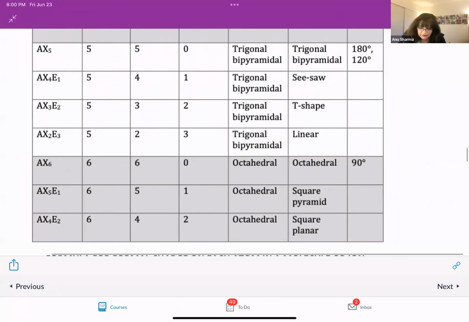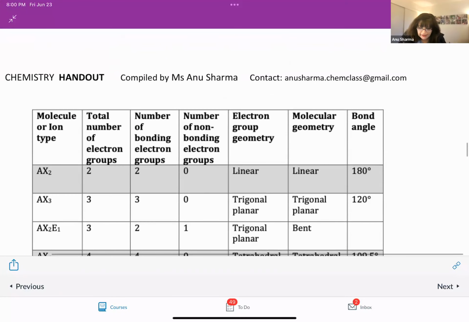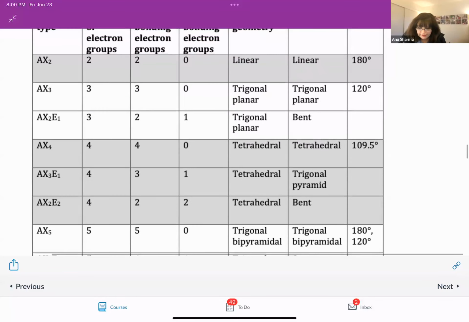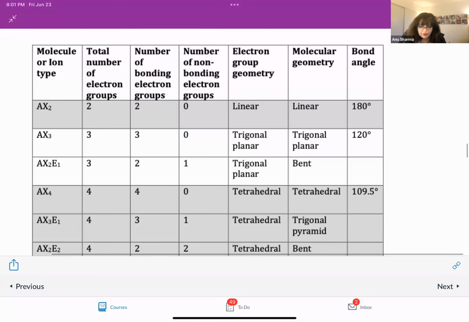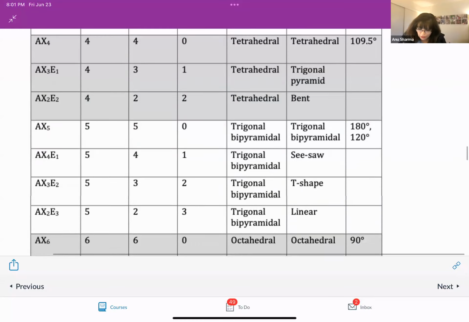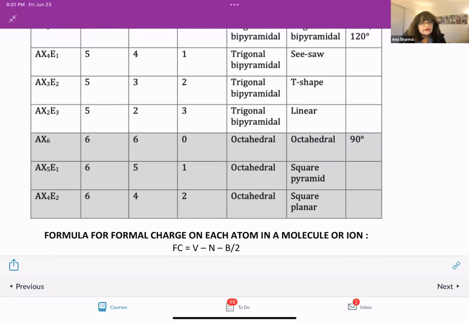There are 2 bonded atoms. By the electron groups, we mean 2 bonded atoms and 3 lone pairs. So these are 5 electron groups. Even if you don't get the electron groups, just look at the number of bonded electron groups. Bonded electron groups mean bonded atoms. So how many? AX2E3 is 2.